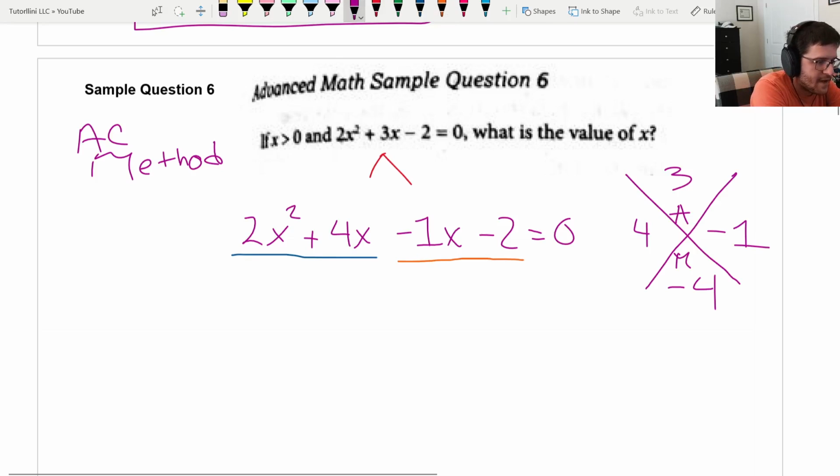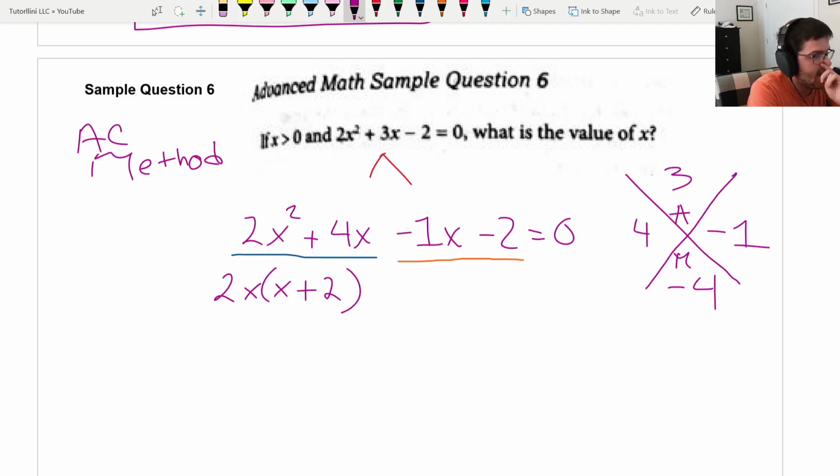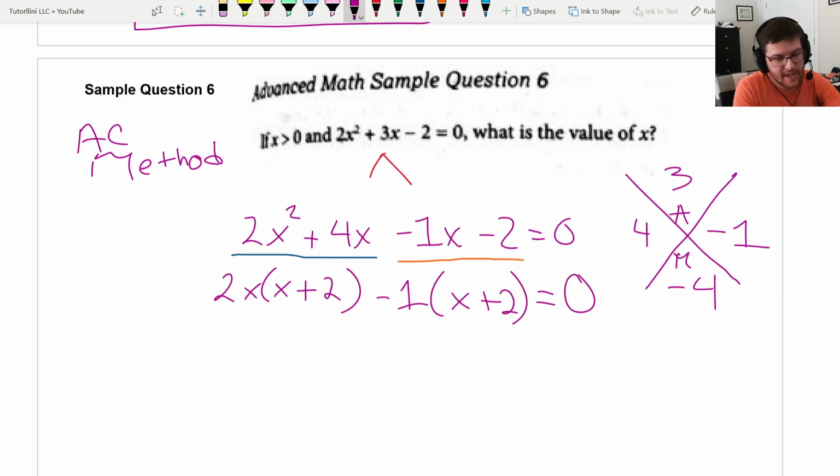And I'm going to factor out a 2x here. And I'm left with x plus 2. And for the second one, I think there's nothing in common. So I'm going to either pull out a 1 or a negative 1. I think I have to pull out a negative 1. And we're left with x plus 2. And sure enough, seems like I did a good job because I got the same thing, right? x plus 2 and x plus 2. That is a good sign.